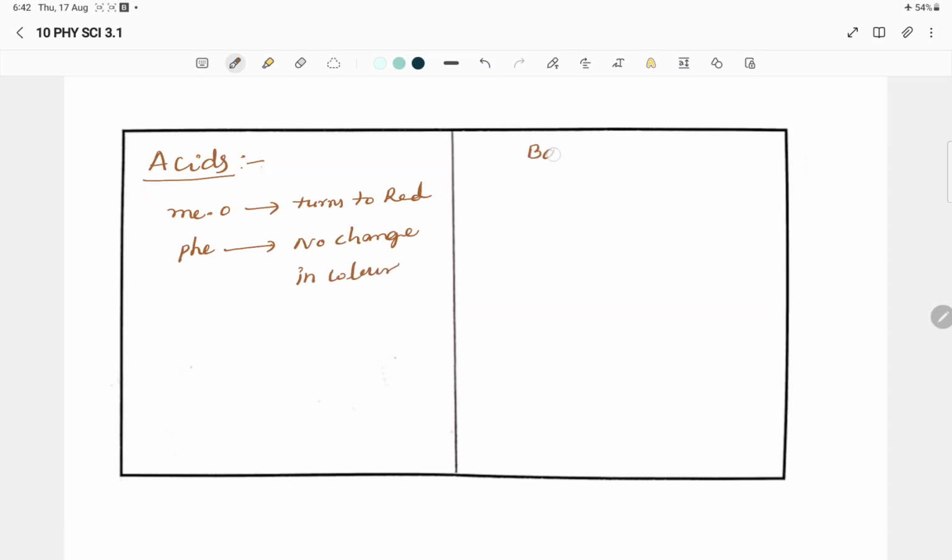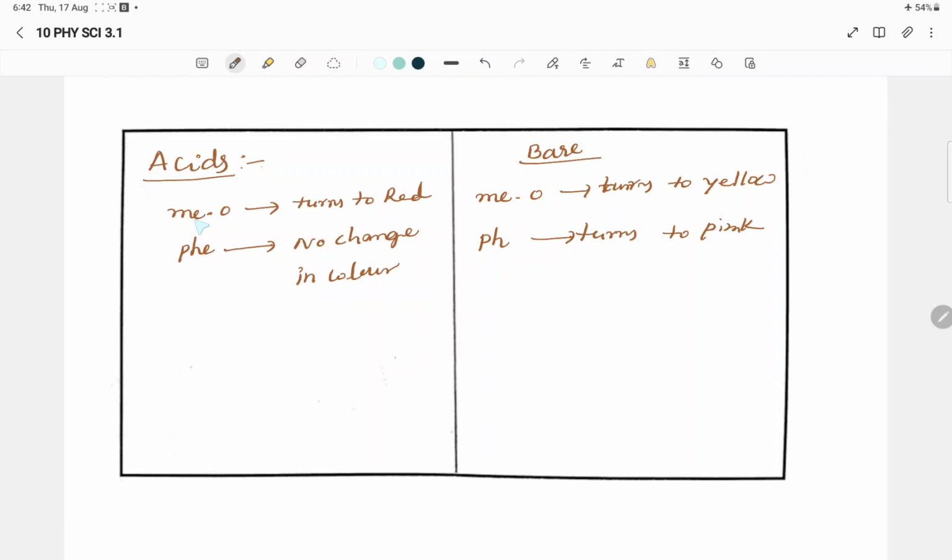Next, base. Methyl orange indicator turns to yellow in color. In case of phenolphthalein, it turns to pink in color.